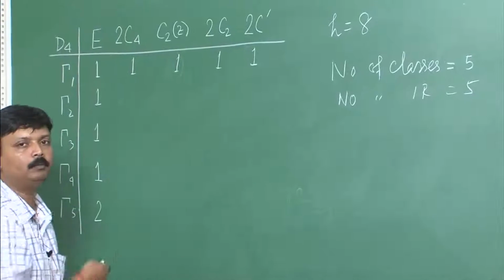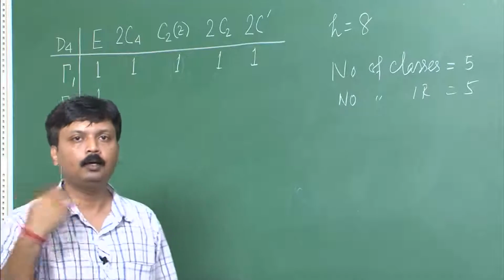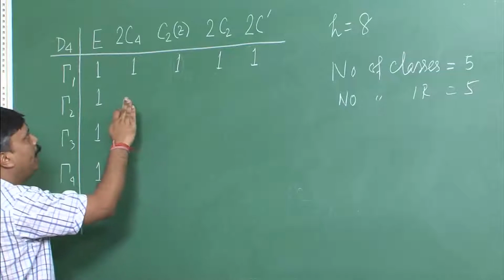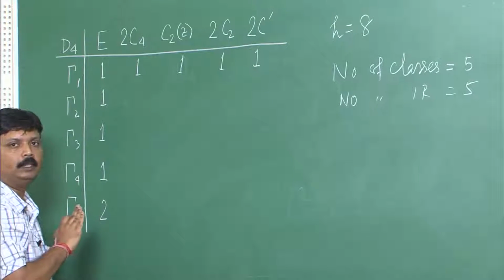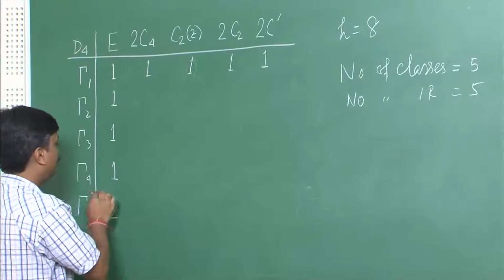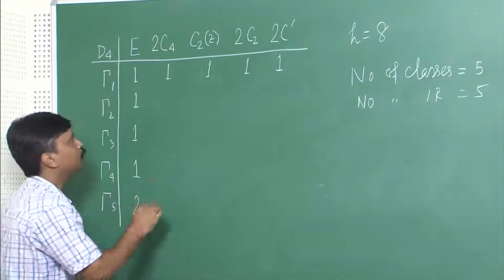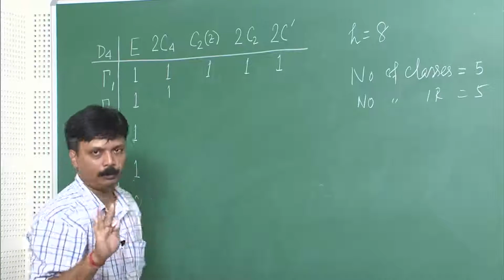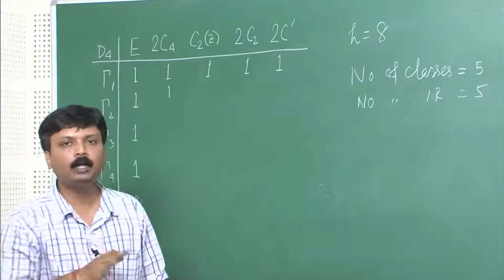Any two of them we pick will be orthogonal to each other. If we keep that in mind, then we can easily fill this place at least up to gamma 4. So, let us do that. In total we have 8 operations, and these are all one-dimensional IRs.